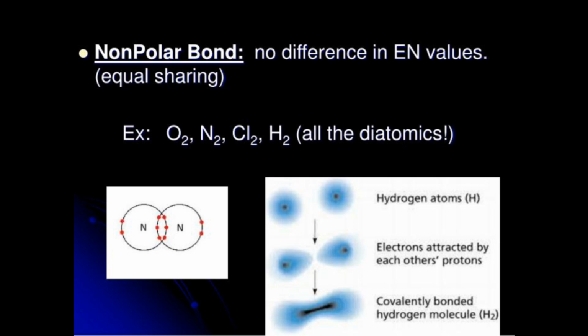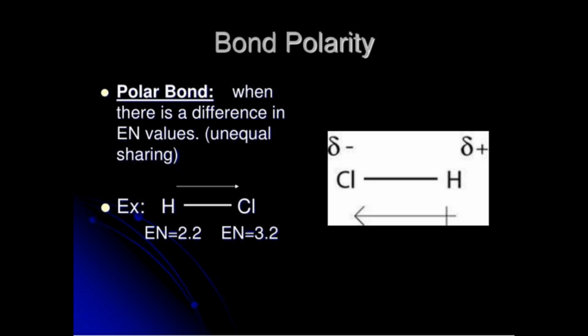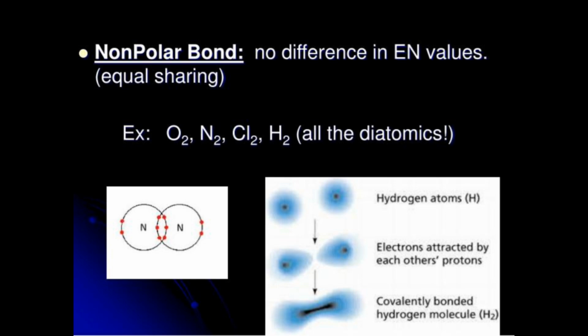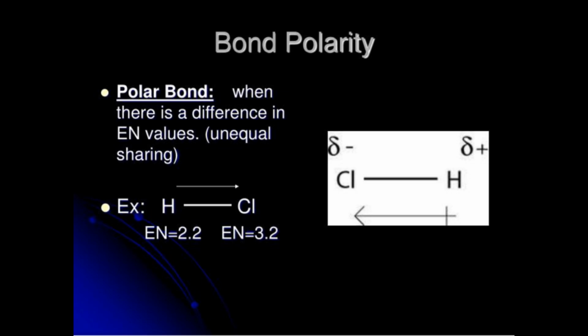So what is a polar covalent bond? A polar covalent bond is a bond in which there is a difference in electronegative value of each atom combining, so there is unequal sharing of electrons. While a non-polar covalent bond is a bond that exists because there is no difference in electronegative value of combining atoms, and then there is equal sharing of electrons.